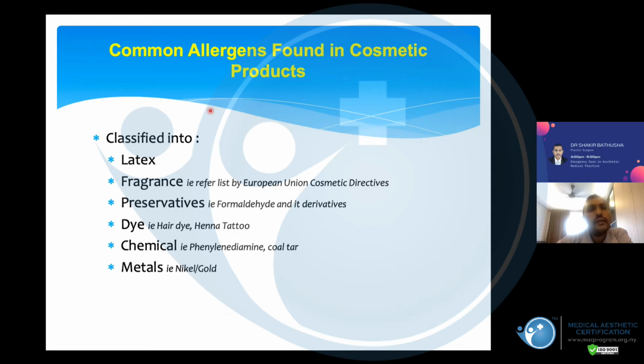So the common allergens found in cosmetic products, this is what is important to us: latex from your gloves, fragrance which is in any ointment or creams that you're going to prescribe to the patient, preservatives used in this medication, the dye, the chemicals, and the metals. So I've given you a couple of examples of the common allergens found in all these products.